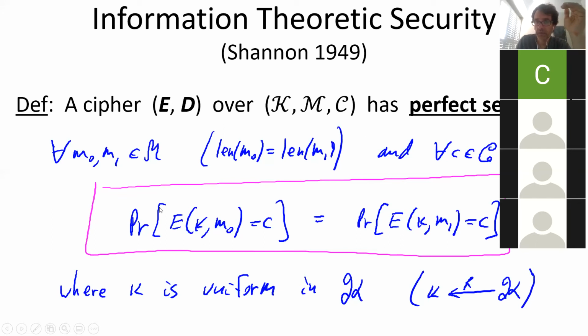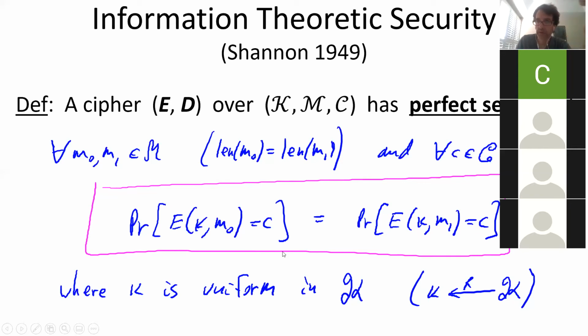And what Claude Shannon defines an encryption scheme to be perfect is if it is the case that these two probabilities are always the same, no matter what two messages in the message space I'm considering, and no matter what ciphertext I take, and compare the probability of M0 landing on the ciphertext and M1 landing on the ciphertext.